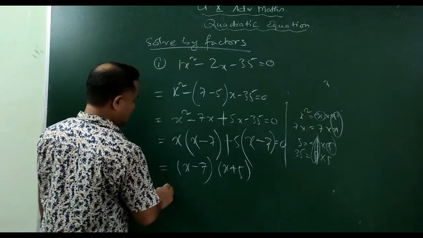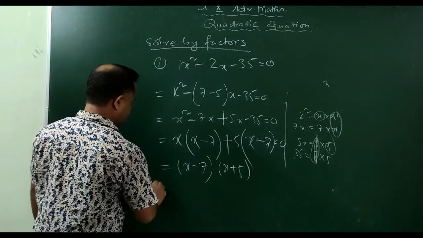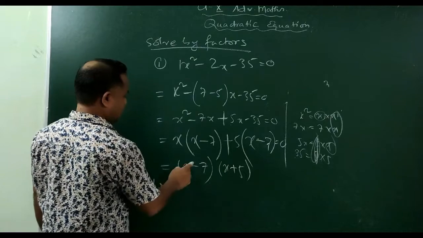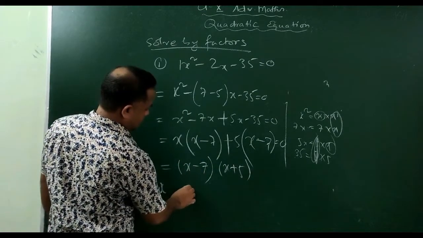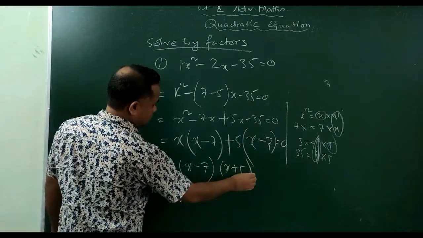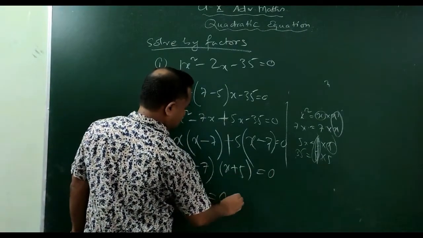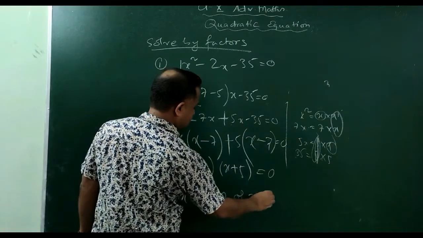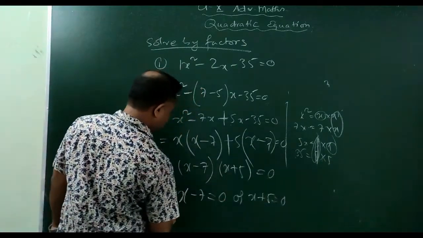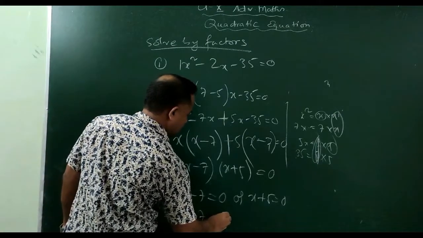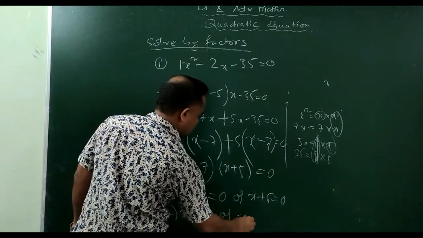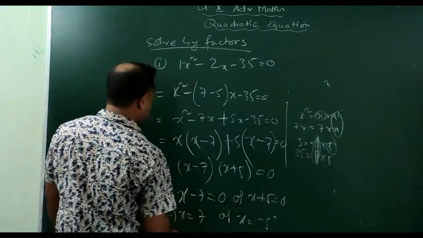So from here we take out the value of x: x minus 7 equal to 0 or x plus 5 equal to 0. From here we get x is equal to 7 or x is equal to minus 5.